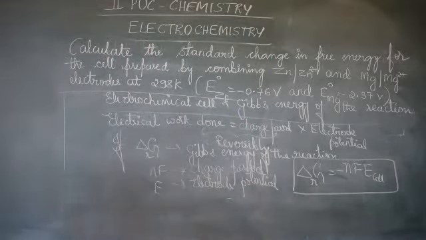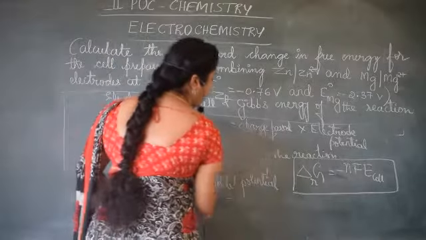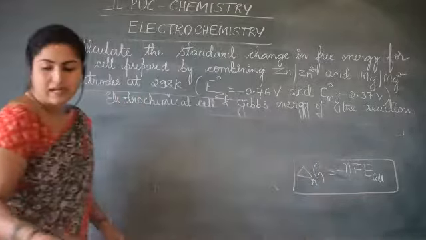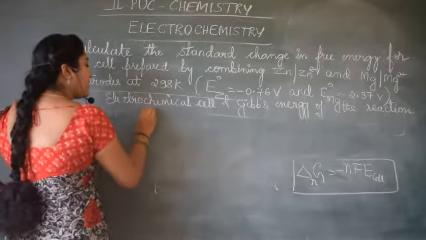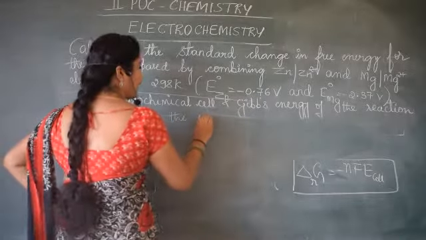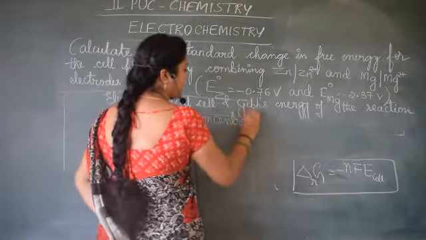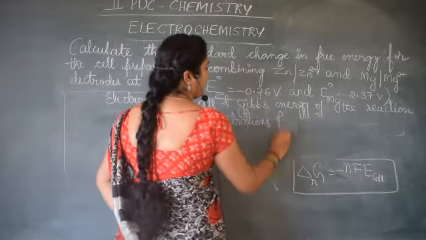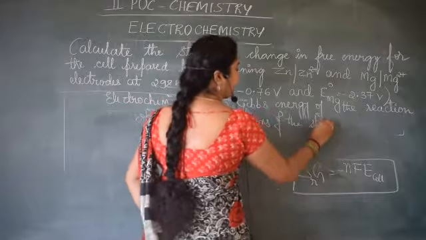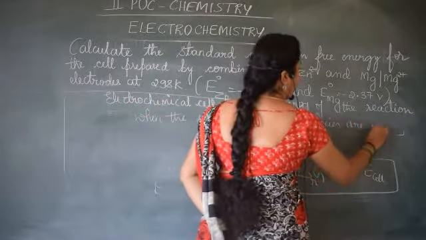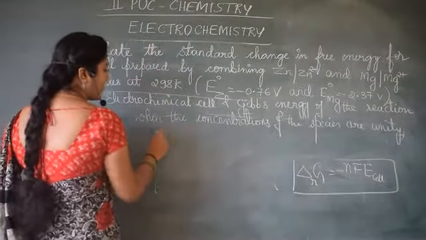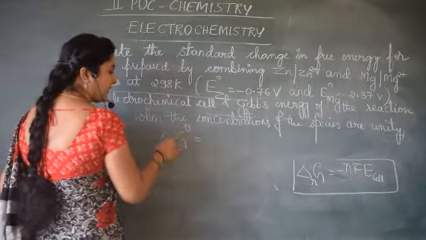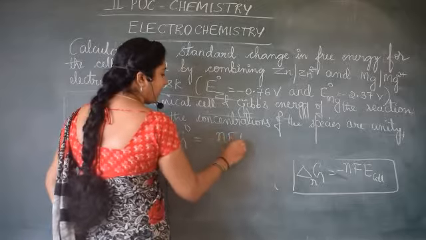Therefore, at standard conditions, that is when the concentrations of the species are unity, delta G naught is equal to minus nF E naught.